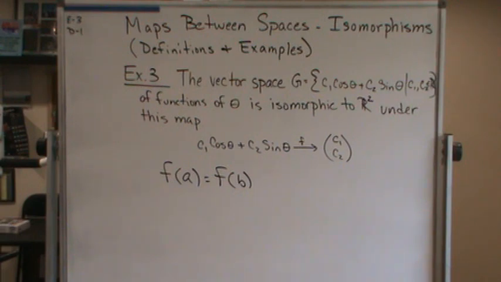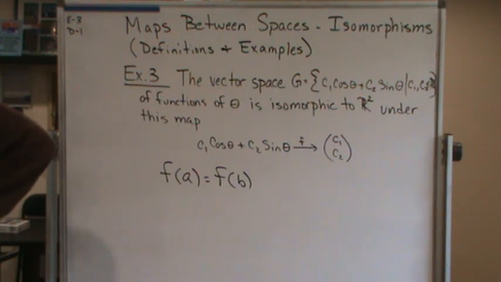And so the idea of one-to-oneness is we want to verify that if we have this, we want to prove that this is true only when A is equal to B.